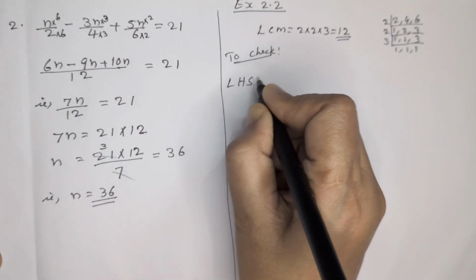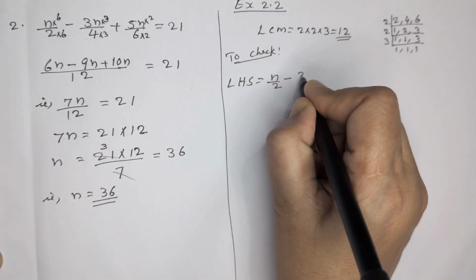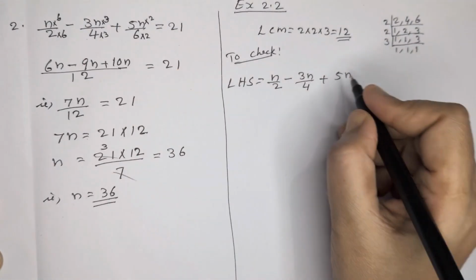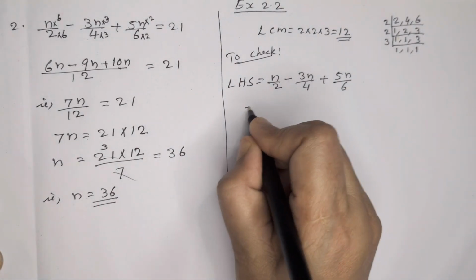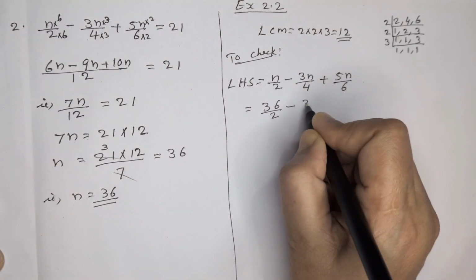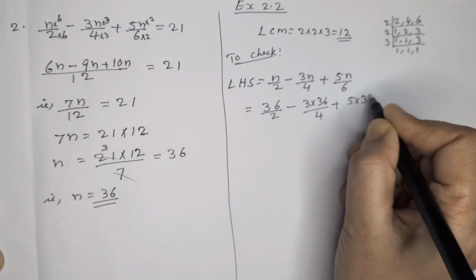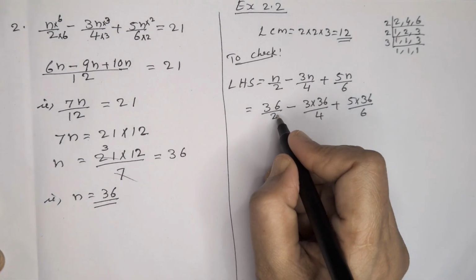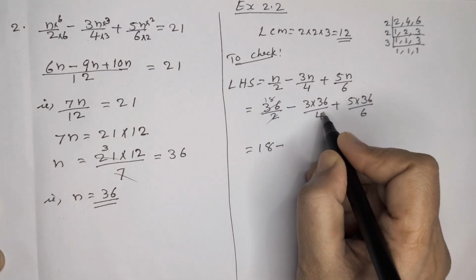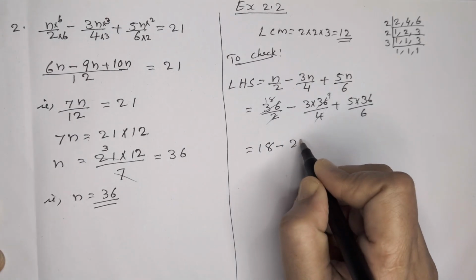LHS. LHS is n by 2 minus 3n by 4 plus 5n by 6, n is 36. 36 by 2 minus 3 into 36 by 4 plus 5 into 36 by 6. When you are simplifying, here 18 minus, by 4, 9 times in 36, 3 into 9, 27.